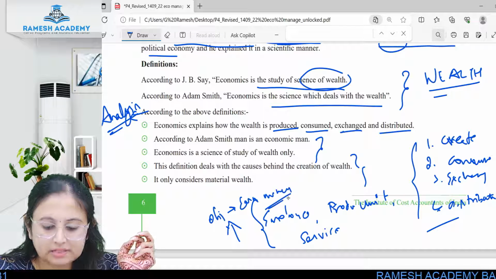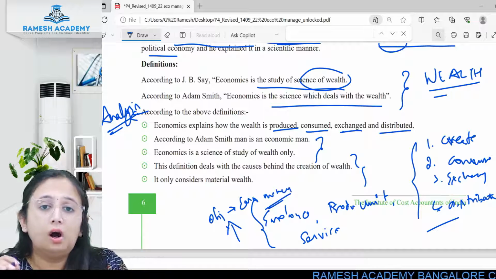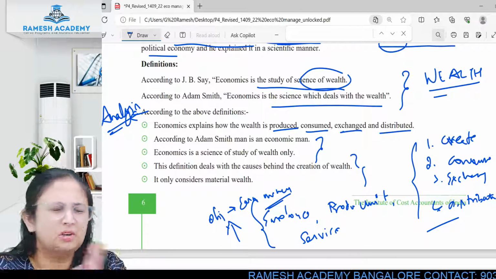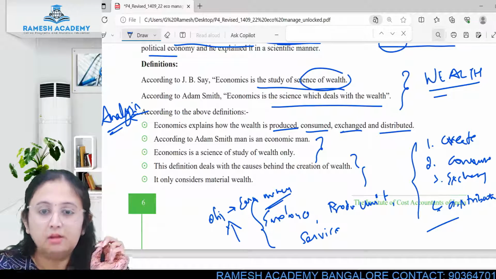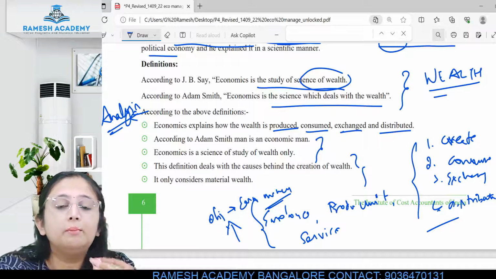That is what he calls wealth. Whether you are an employee in a company, producing something, or rendering a service as a professional, whatever you are doing, man is an economic man. You are only concentrating on creating more and more wealth.